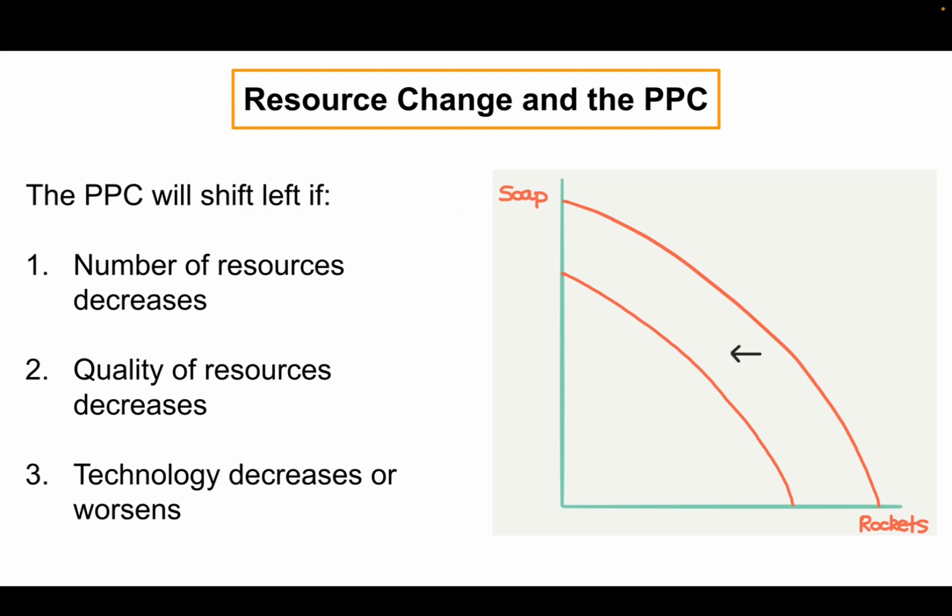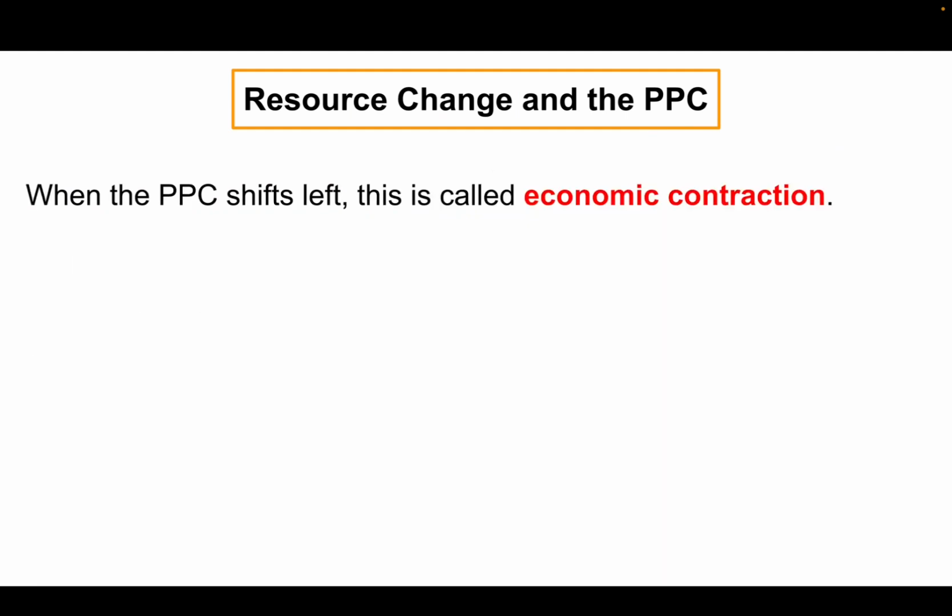So please make sure you have the arrow pointing in the right direction, indicating that the production possibilities curve is moving either left or it can also move to the right, which we'll get to in just a second. But one little thing I wanted to mention here is that when the PPC shifts left, this is called economic contraction. So just a little vocabulary there.